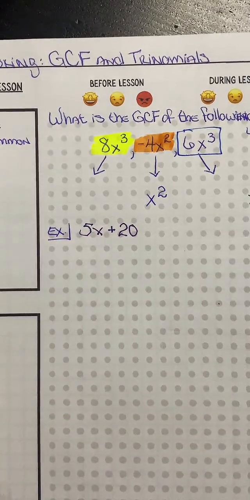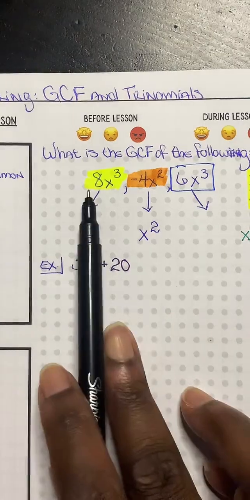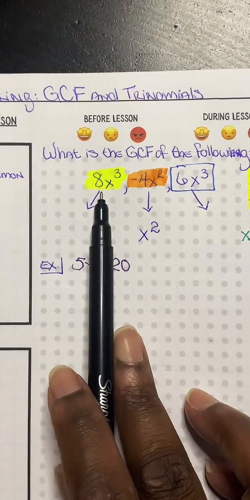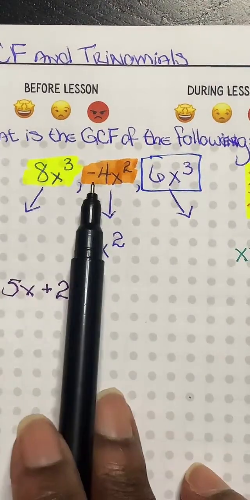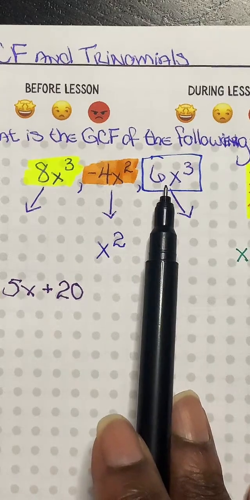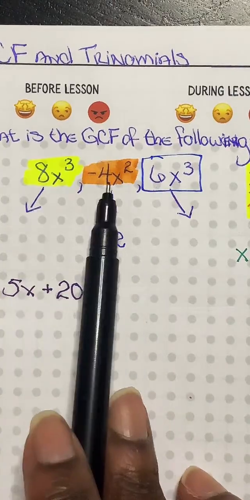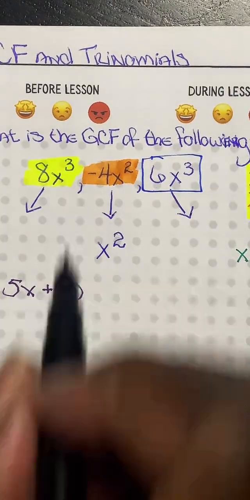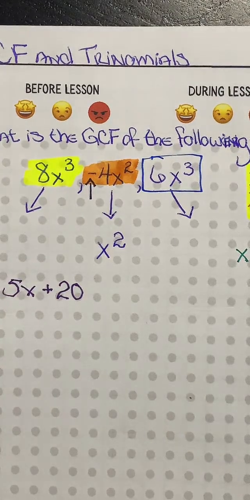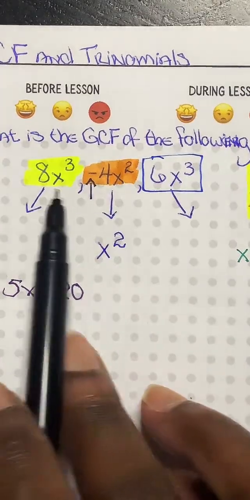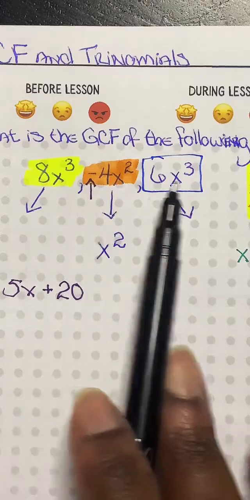Okay. All right, so I'm going to repeat again that for the first part, we had 8x cubed. Let me zoom in a little bit. So we had 8x cubed, negative 4x squared, and 6x cubed. I know for sure a lot of you guys are saying, oh, there's 2 in common. No. The reason why is that we have a negative sign with that 4. These are 3 separate expressions.